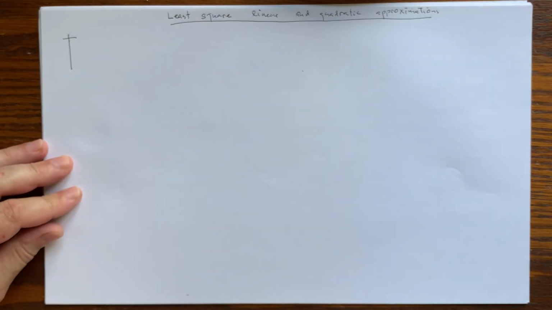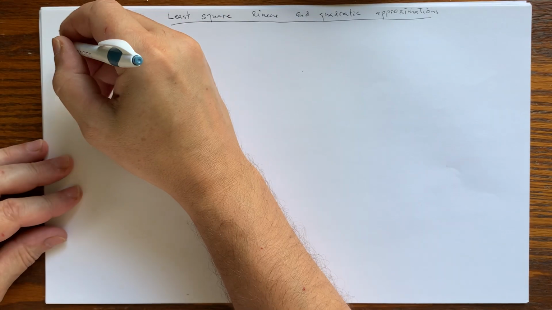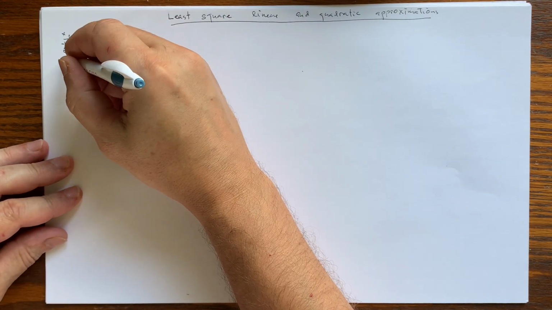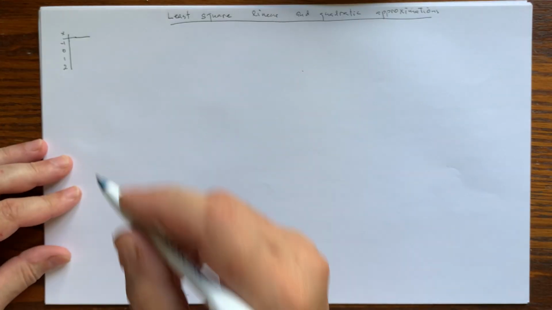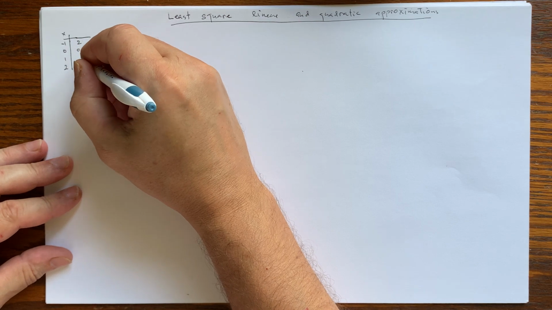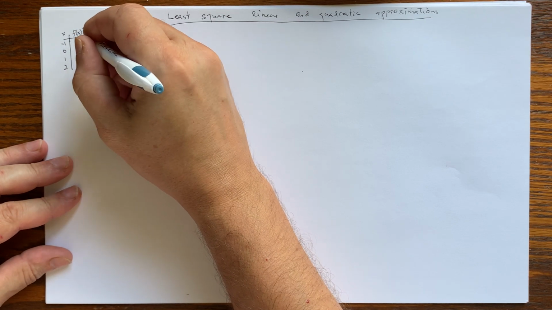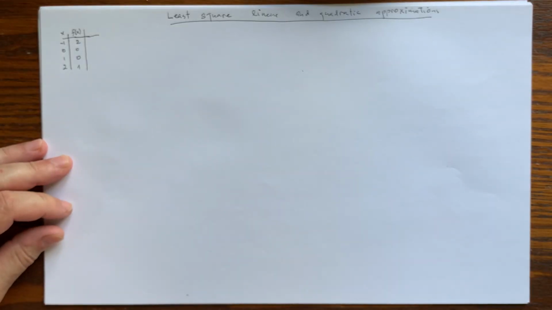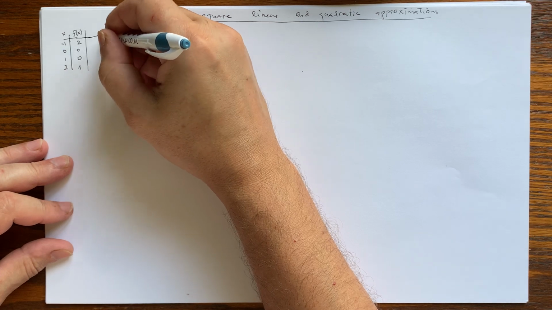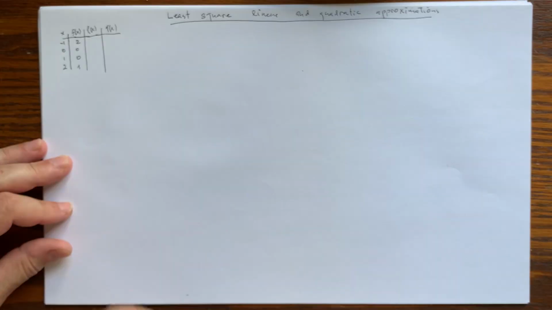Again, 4 points at -1, 0, 1, and 2. The values will be 2, 0, 0 again, and 1. So that is this mysterious function we are trying to approximate, and we'll have two answers, linear and quadratic.